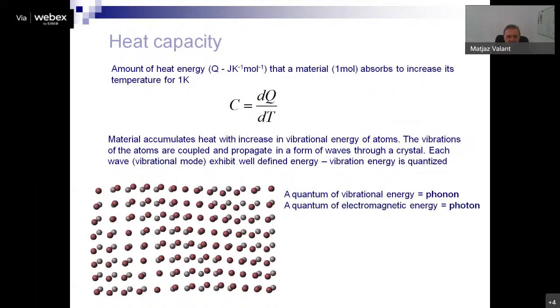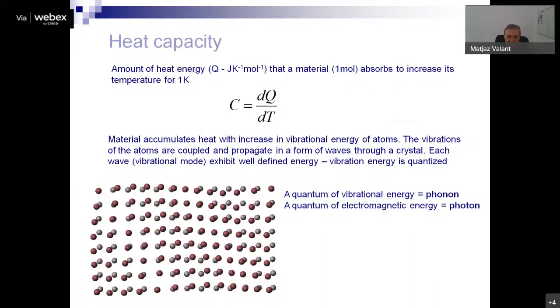What happens is that the vibration of particular atoms or ions changes. It becomes more intensive. And this is what we feel as the heat of the material, and this is what actually increases the temperature of the material. So we can say that a material accumulates heat by increasing the vibrational energy of its atoms.